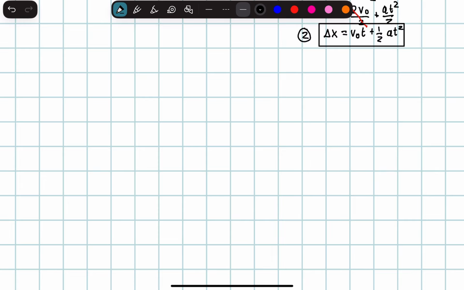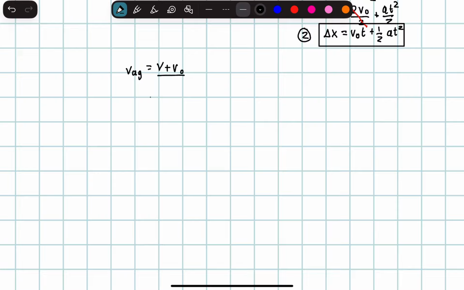For your fourth kinematic equation, you're going to use the definition of the displacement under constant acceleration. So we start off with average velocity. We know that was v plus v initial.